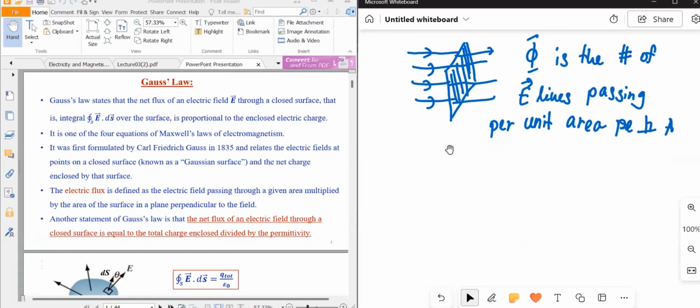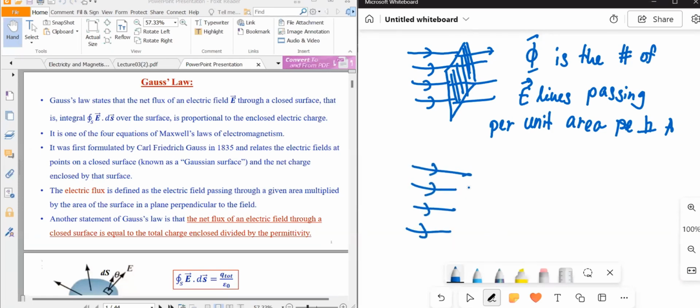Then what can we do? So let's say we have a certain situation. Now electric field lines are passing like this, but with the perpendicular line, the considered area is having a certain angle.